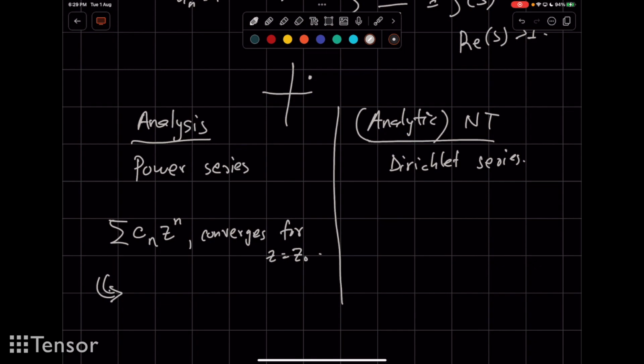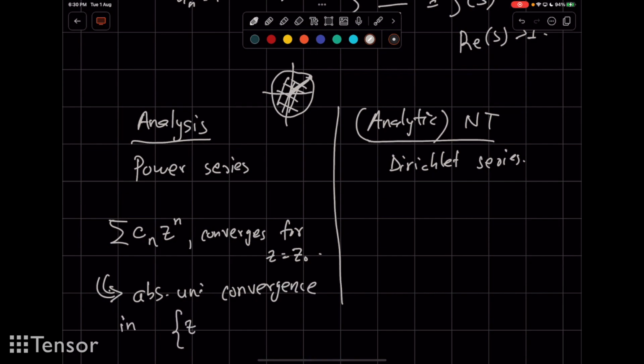That the radius of convergence of this power series is at least this length. In other words, the power series converges everywhere in this open ball. Furthermore, that convergence is both absolute and uniform on the open ball.